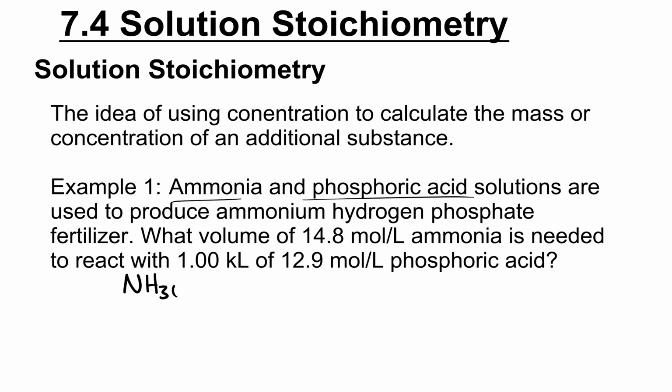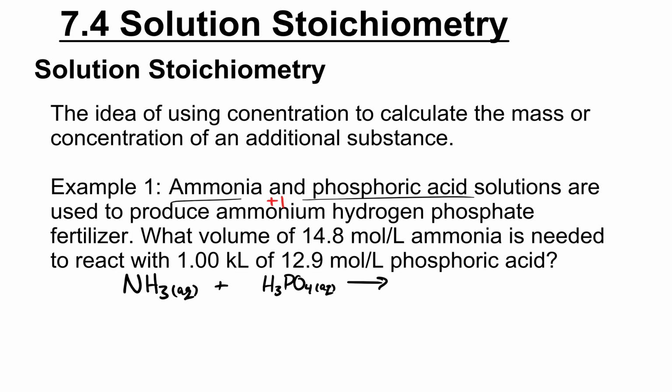Ammonia, aqueous, and phosphoric acid, aqueous, are going to react to produce ammonium hydrogen phosphate. Now, ammonium hydrogen phosphate is an ionic compound. Ammonium is +1.